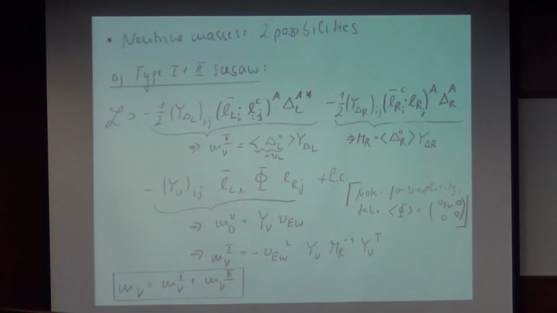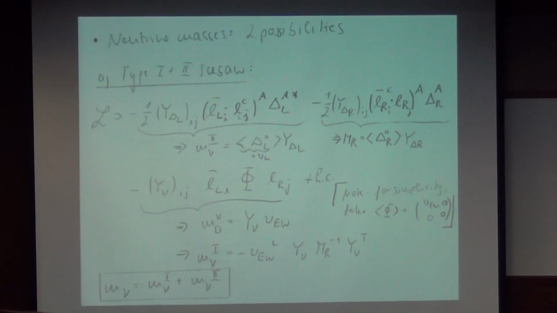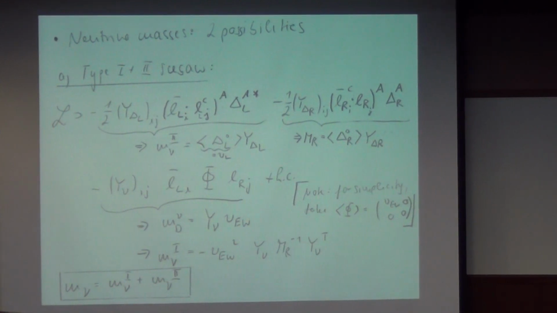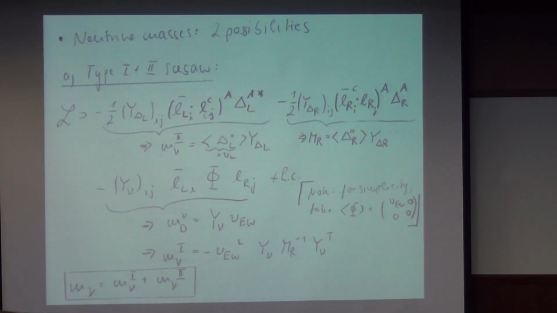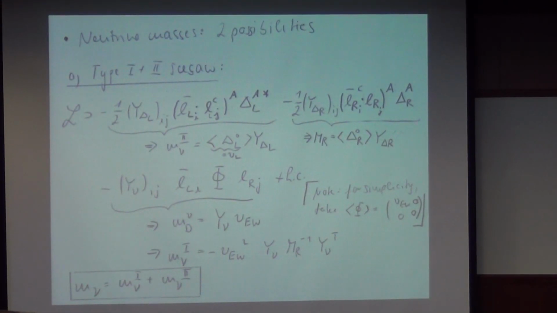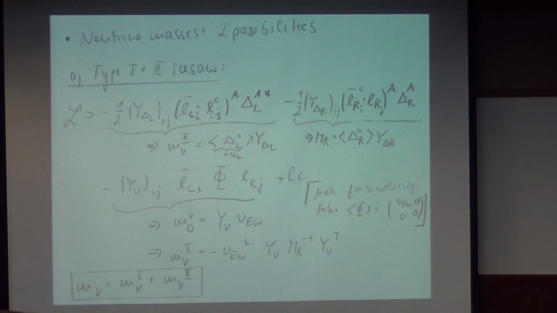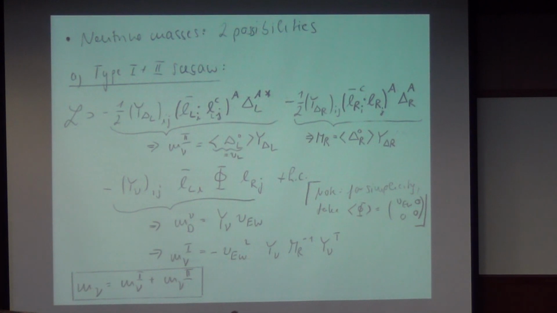So in a minimal left-right model, if you break the symmetry via a renormalizable term, this means via such a delta R field, and you have a delta L field, then you have a type 1 plus type 2 seesaw mechanism. So the combination of both. This is what you expect as one possibility, also more generally in left-right symmetric extensions, and also from SO(10) models.